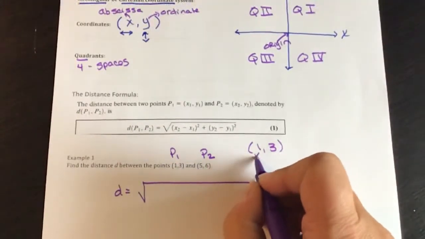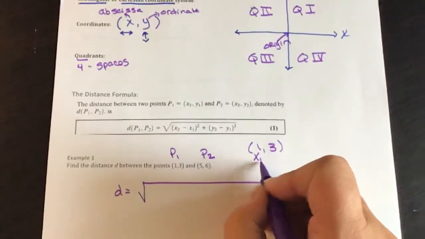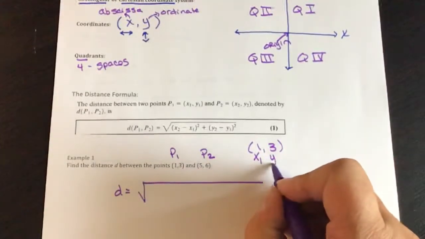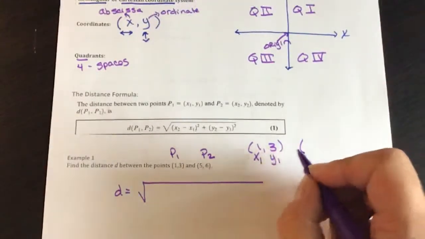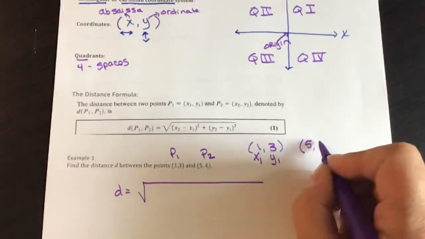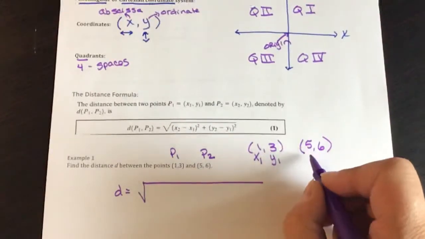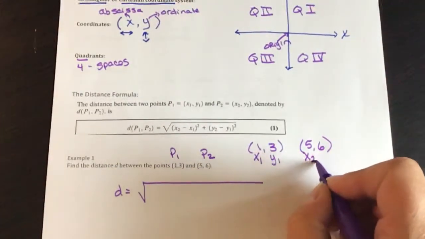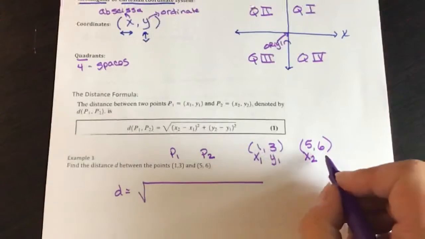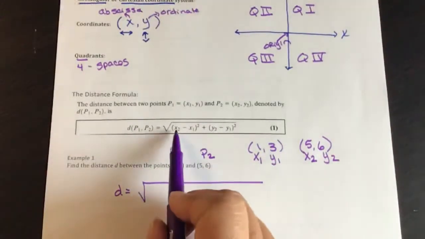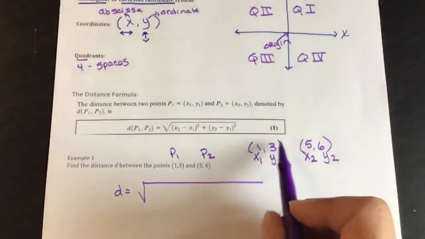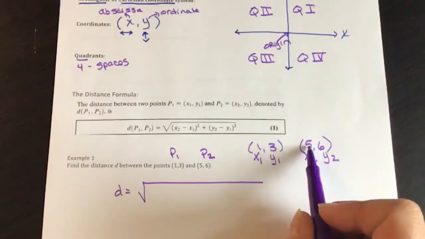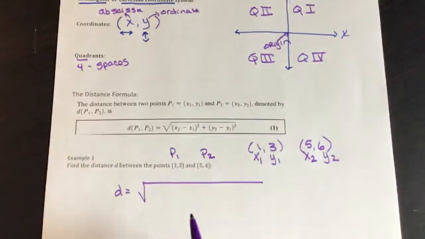So this is the x coordinate of the first point and the y coordinate of the first point. And if my second point is (5, 6), 5 is the x coordinate of the second point, and 6 is the y coordinate of the second point. So again, I'm subtracting the x coordinates, and it doesn't matter which way I go, 1 minus 5 or 5 minus 1.